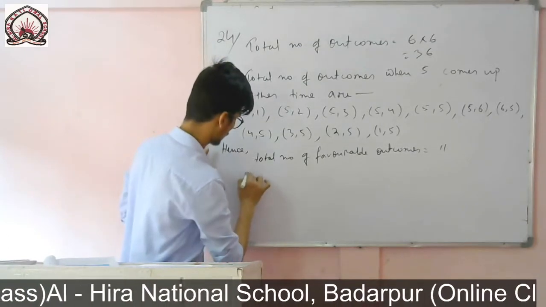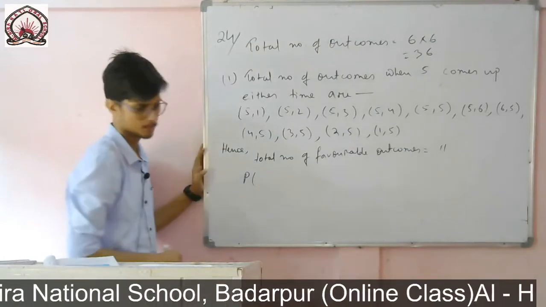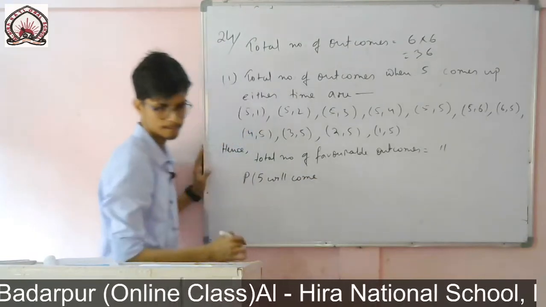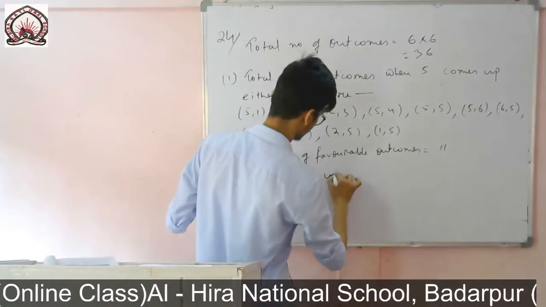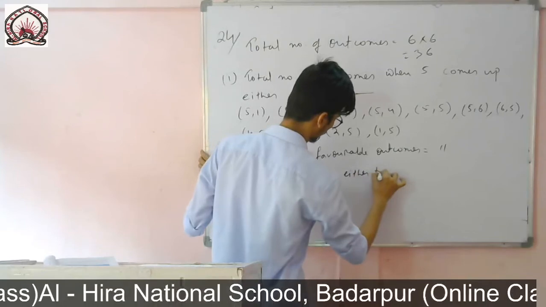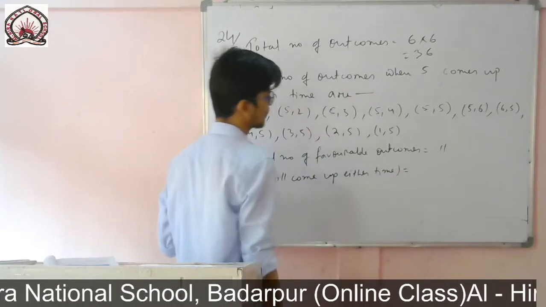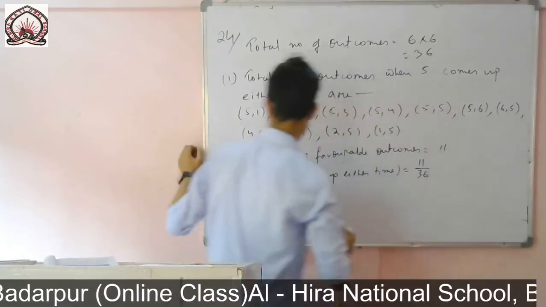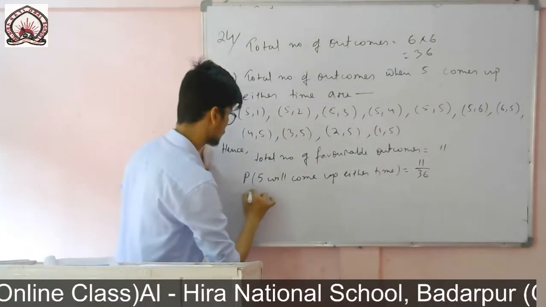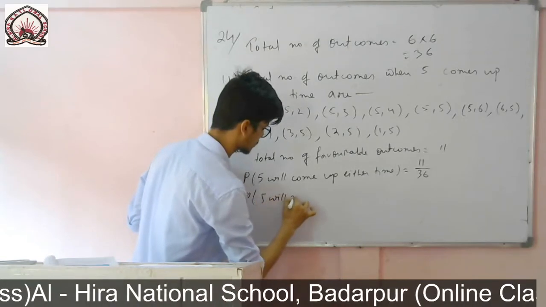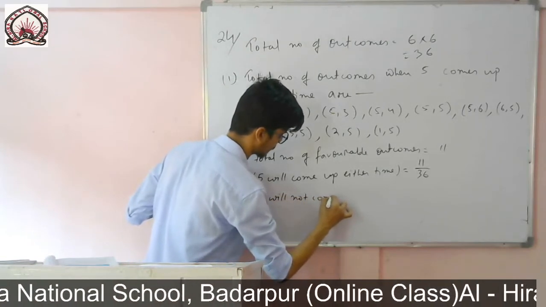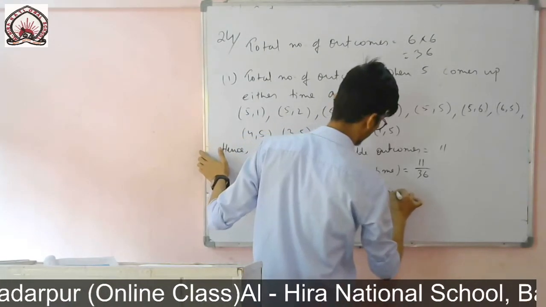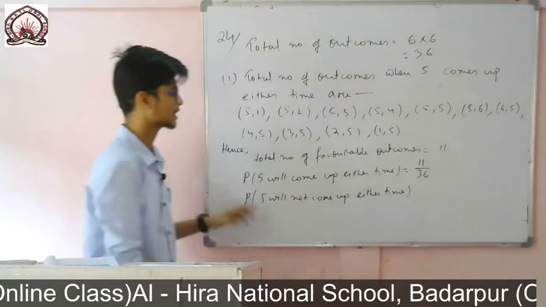So therefore the probability that 5 will come up either time equals favorable outcomes divided by the total possible outcomes. Now I can easily find the probability that 5 will not come up either time.